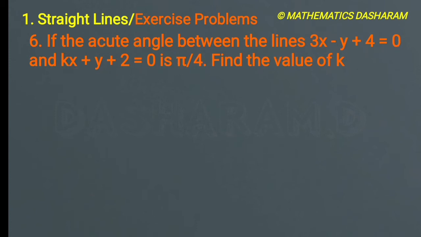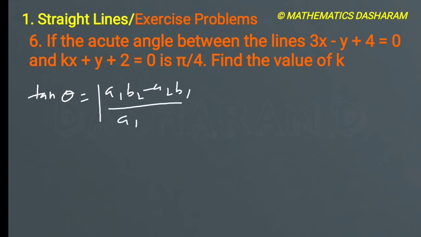To find the angle between the two lines, the formula is tan theta equals mod of (a1 b2 - a2 b1) divided by (a1 a2 + b1 b2). Theta means the angle between the two lines, that is pi by 4.